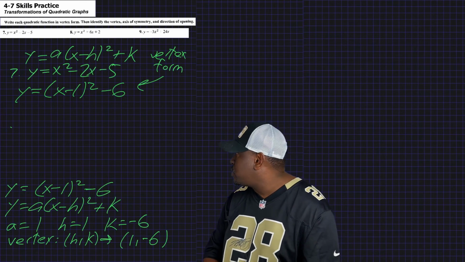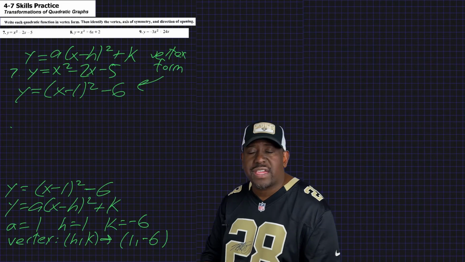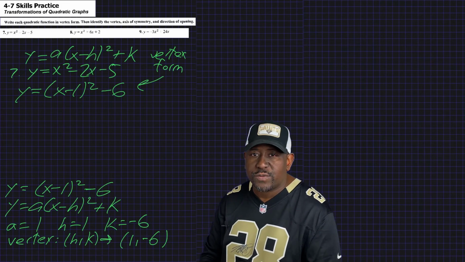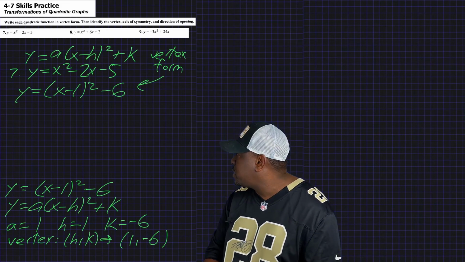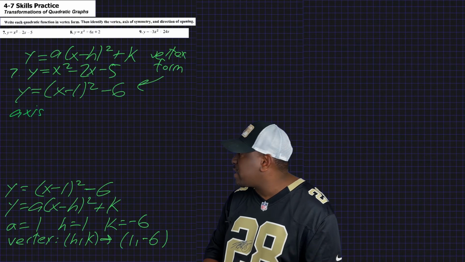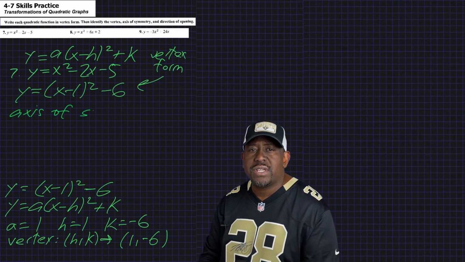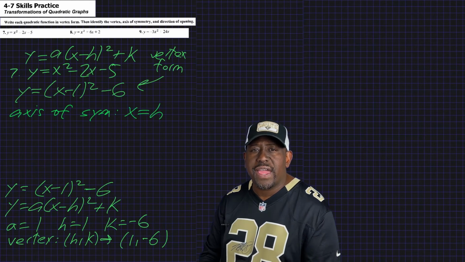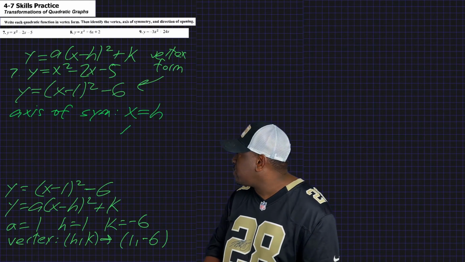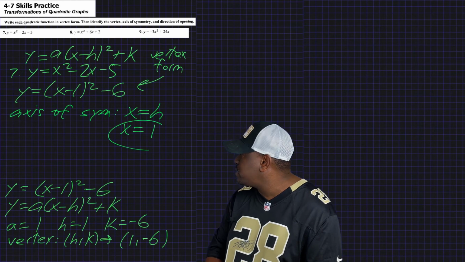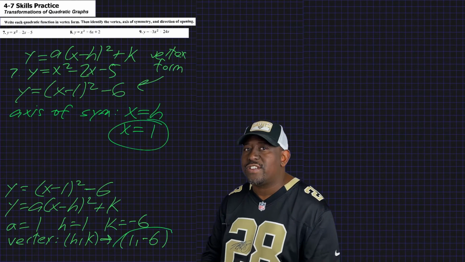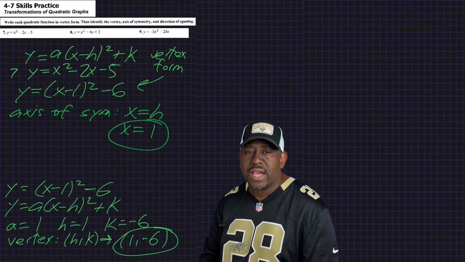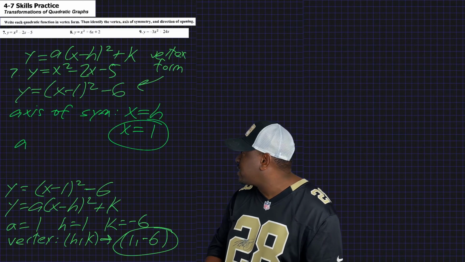As indicated by the arrow, this is our vertex form for this particular problem. We will now find our axis of symmetry, which we know is a vertical line at h. So we write the formula x equals h. H in this problem is 1, and so our vertical line that will be our axis of symmetry is x equals 1.